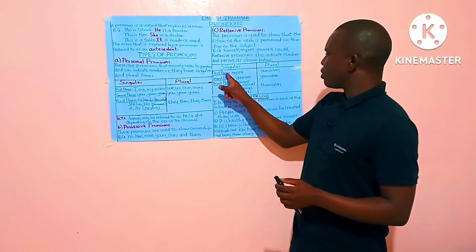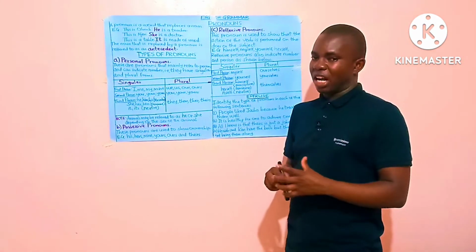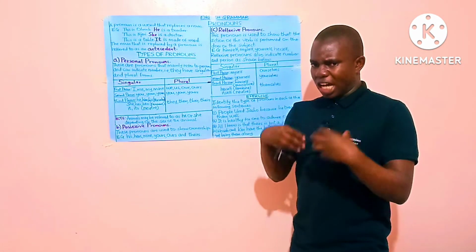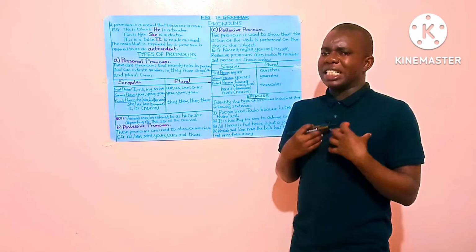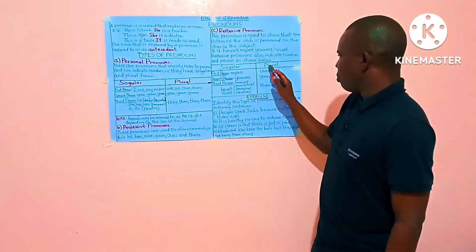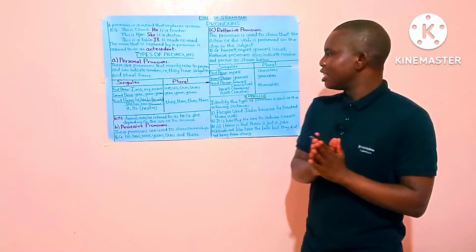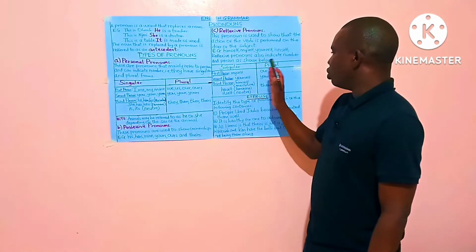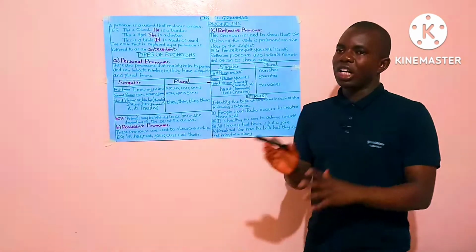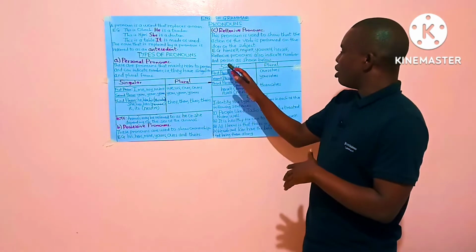The first person singular reflexive pronoun there is myself, to show that an action or a verb has been done on myself. The plural for that is ourselves. The second person, we have yourself. In plural, it becomes yourselves.